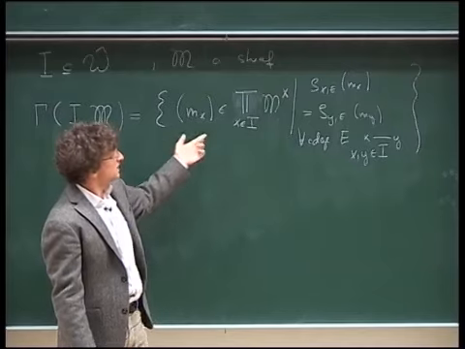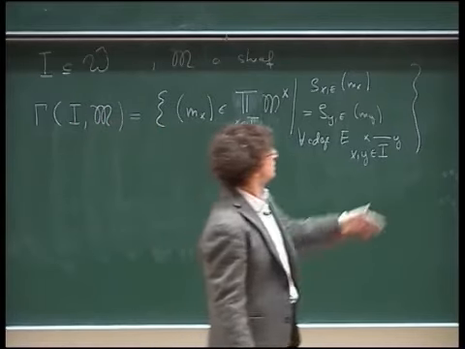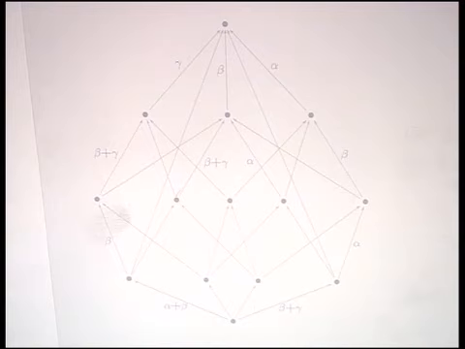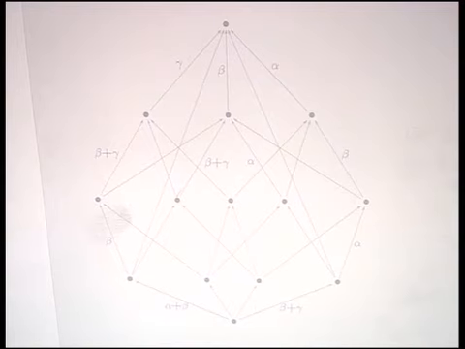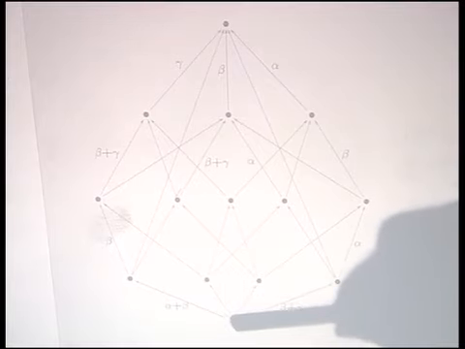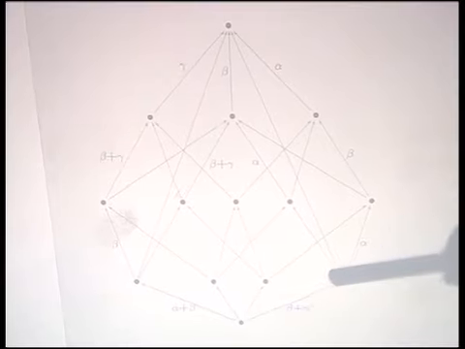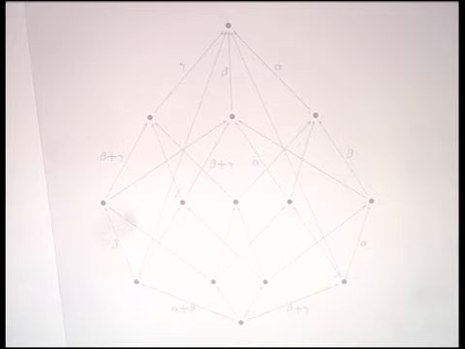For example, if we take all the vertices in this graph, we could try to construct a global section by beginning at the bottom and choosing an element at the bottom, and then we try to find solutions of these equations following the directions of the edges.